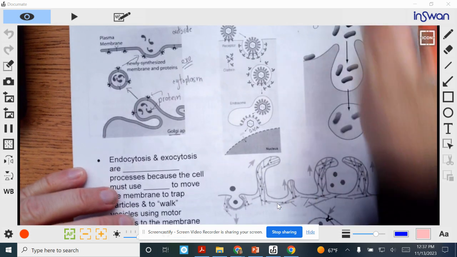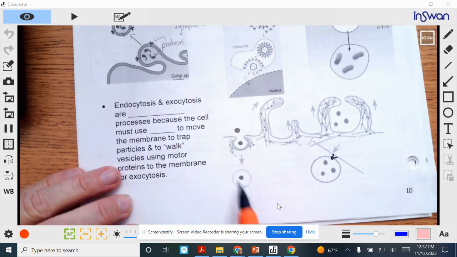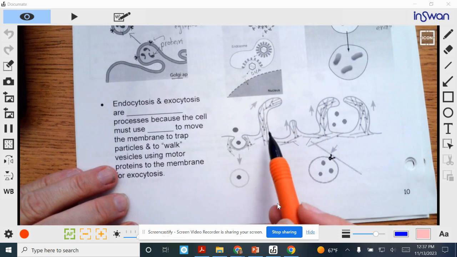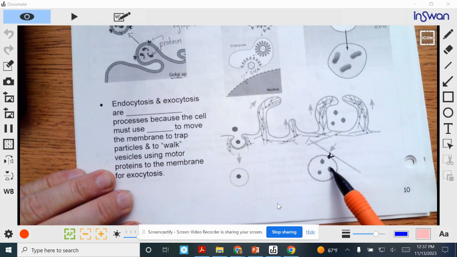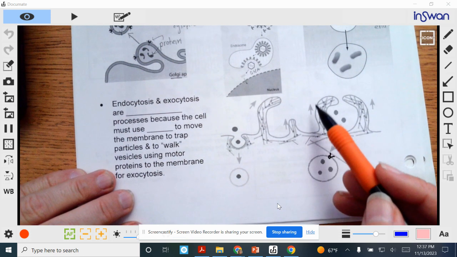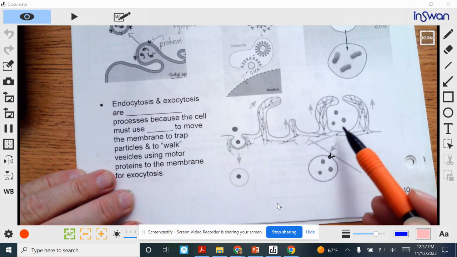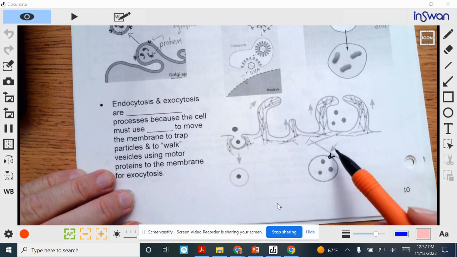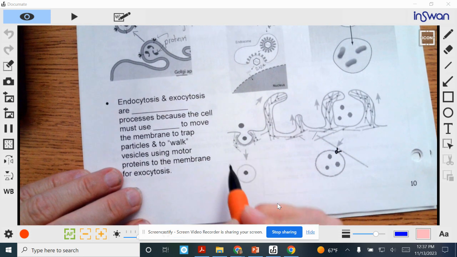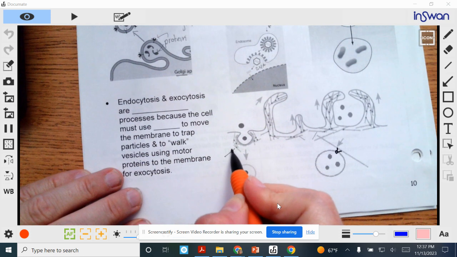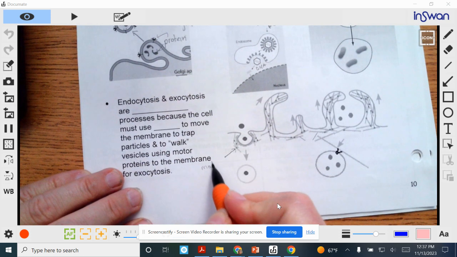And I wanted to show you endocytosis because this shows a little bit more about why it takes energy. So I already included one down here, is that the cell has to wrap its membrane around to bring something in, or it has to pull it down. And so this is cytoskeleton, and those are little motor proteins.